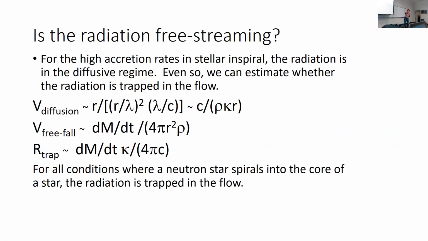And I can compare that to the infall time, the free fall time of the material falling in. Roger Chevalier did this, and he called it the trapping radius, where he set the two equal. That's where the radiation is moving outward as much as the matter is flowing inward. If the radiation is moving out slower than it's being pulled inward, it's coming in with the flow.